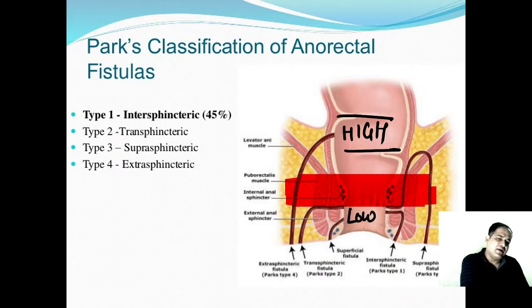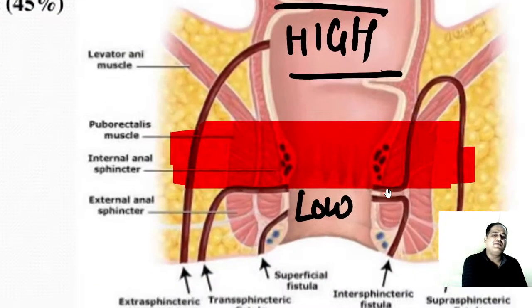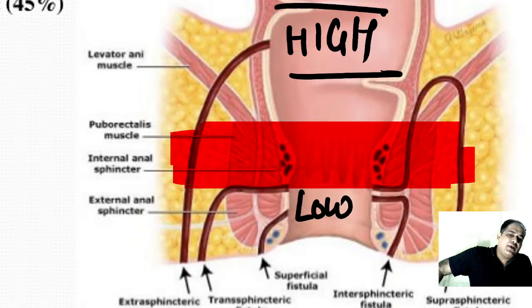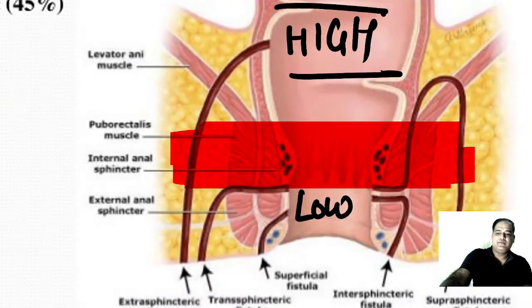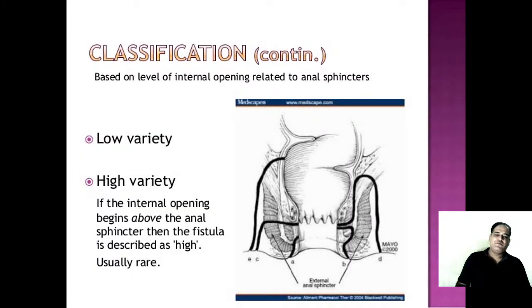If the internal opening is below the pelvic floor, this will be called a low type fistula. High type fistula or low type fistula, that is the pelvic floor. The high type of fistula is usually rare, but it is still present.